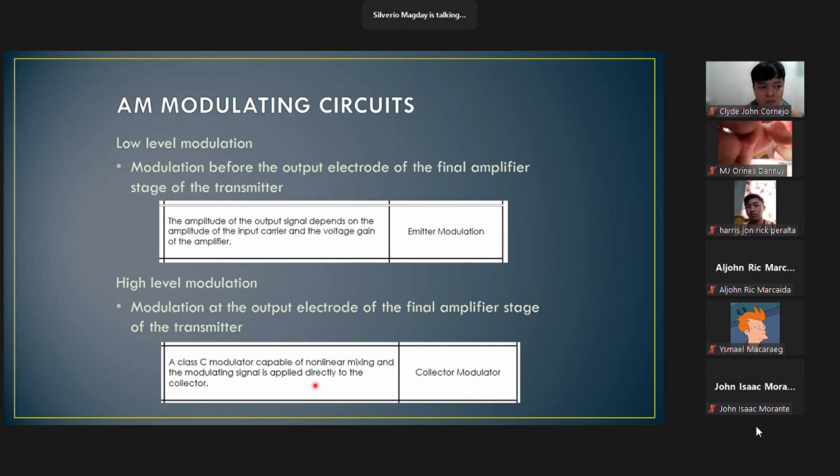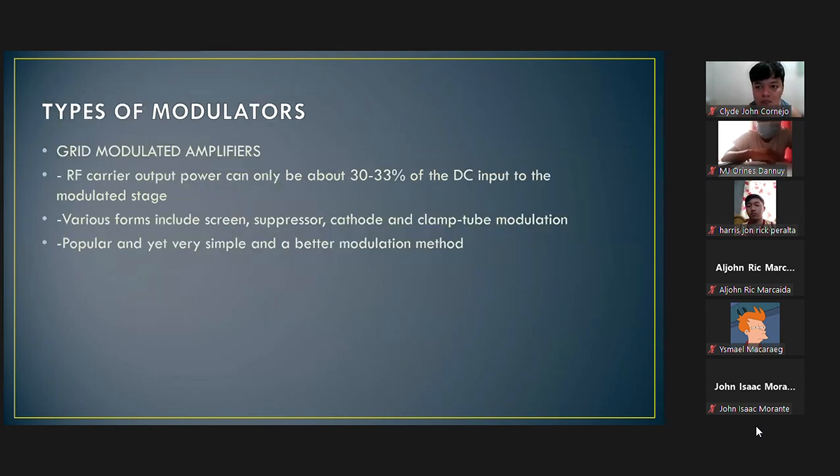Pag emitter, yun nga, pang low level signal power levels. So pag high level, ang ginagamit naman collector modulator, Class C modulator for nonlinear mixing, and the modulating signal is applied directly to the collector.